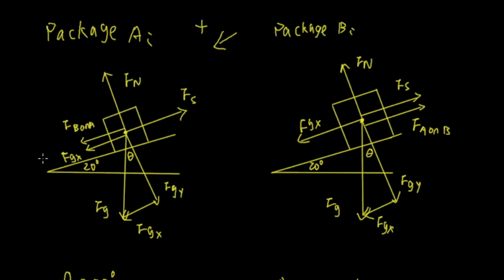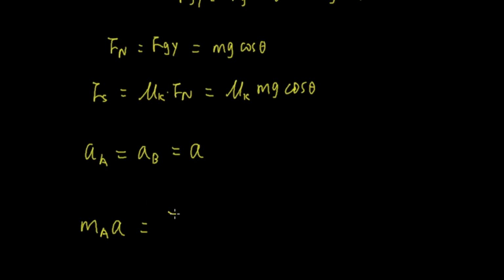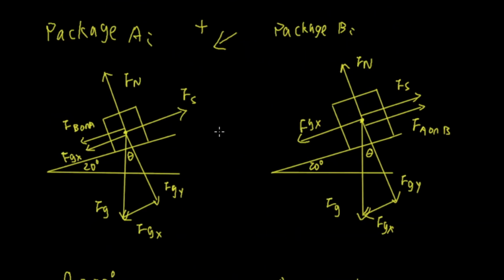The acceleration is going this way, so it's the forces acting this way. That would be force of B on A plus force of gravity pulling this way for A, minus the friction force of A. So these two forces minus this force, right?